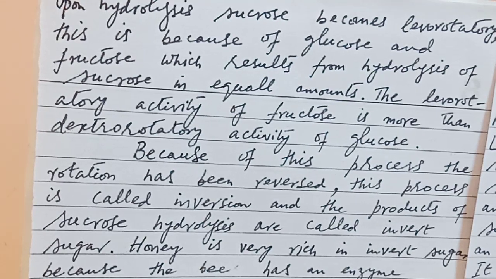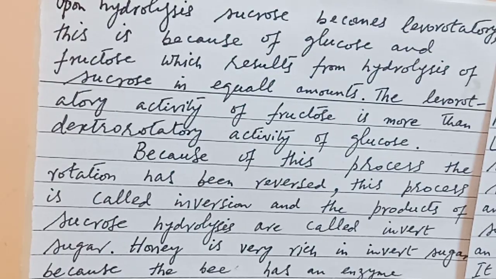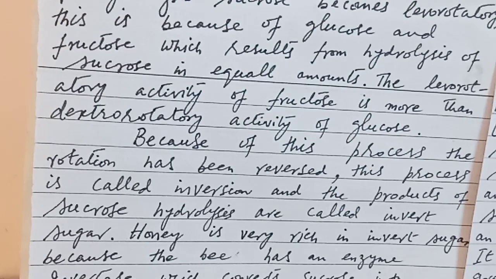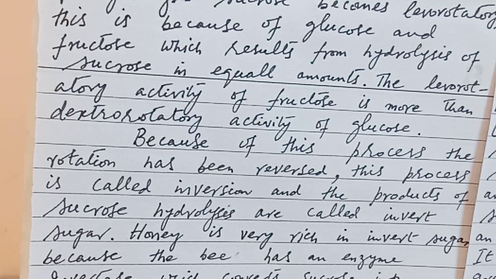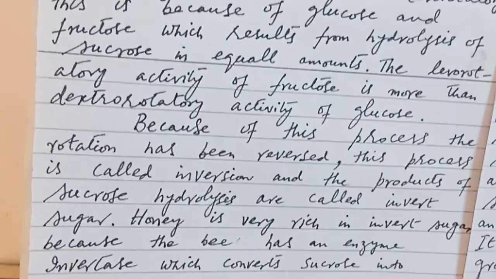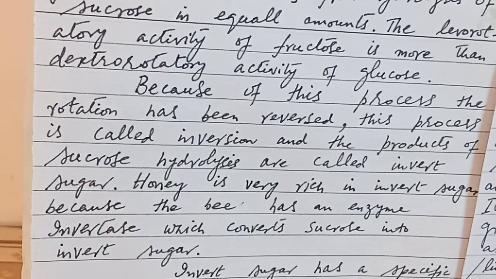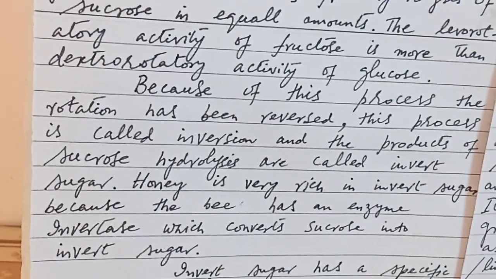This process is called inversion, and the products of sucrose hydrolysis are called invert sugar. So this is the reason for the question of why sucrose gives invert sugar. Whatever I have discussed, you will write down in your own words. Now honey is very rich in invert sugar because the bee has an enzyme invertase which converts sucrose into invert sugar.